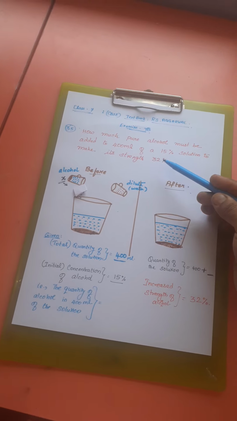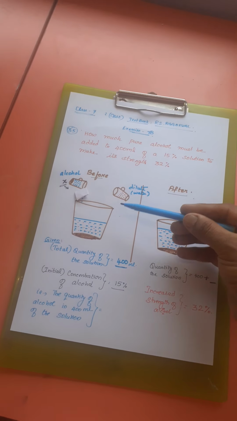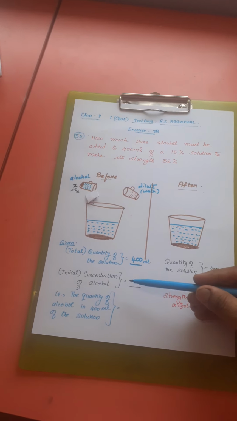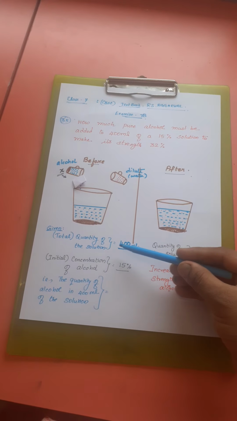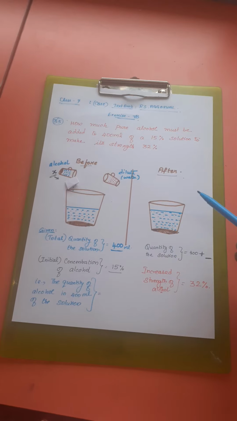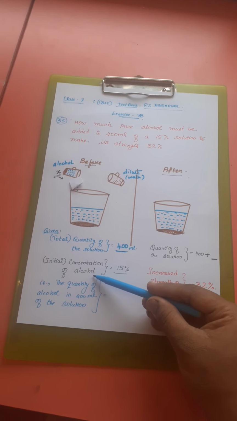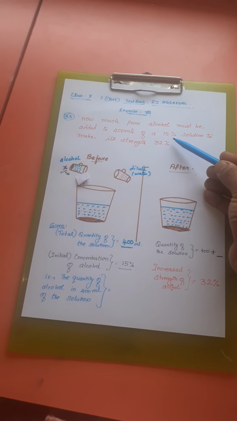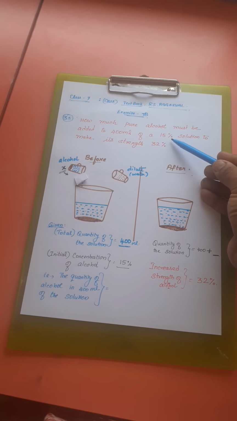So first, let us list out what they have given. The quantity of the mixture is 400 ml, and the earlier concentration of alcohol is 15%.